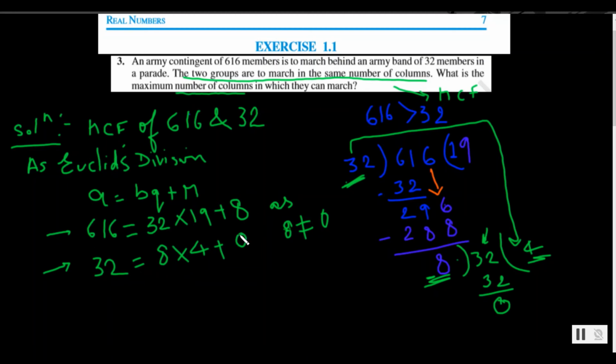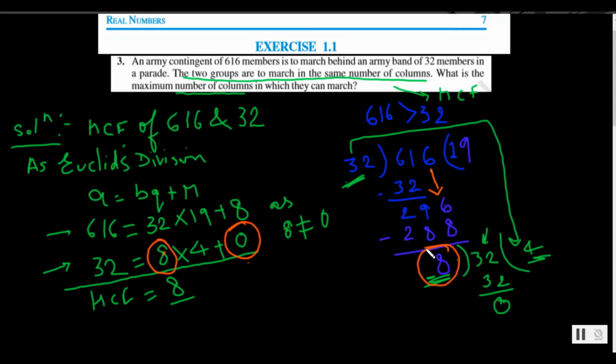So what will be the answer? The HCF is 8. Remember, whenever the last step in which we get 0 as our remainder, that B, or you can see from here the divisor, is the HCF for the numbers which we are targeting, and hence the last divisor for which we got a 0 remainder was 8, and so the HCF will become 8.